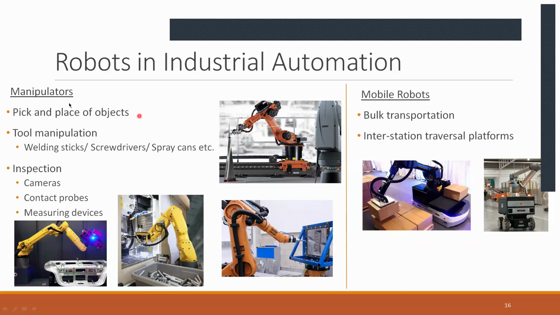Now, by objects, I would mean items like this: finished items from a CNC machine, finished items from an injection mold, semi-finished items in an assembly automation operation, and so on and so forth. So those are what I would call objects, and moving those objects around using a robot is pick and place of objects.